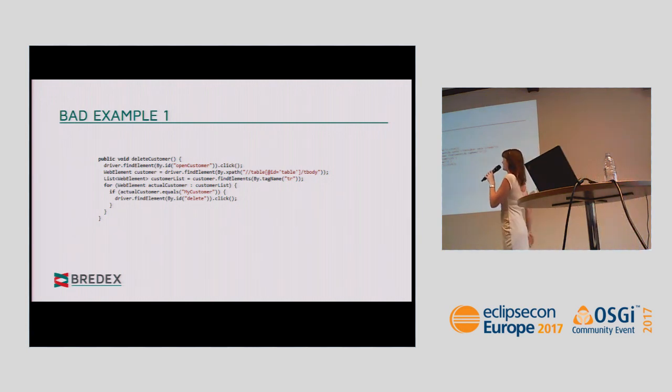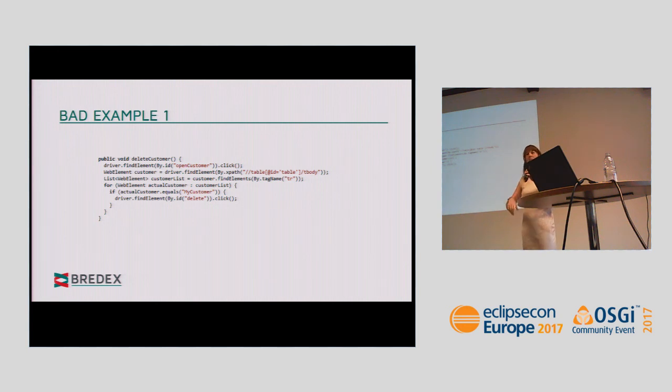So, bad example 1. We have something that says delete customer. The first question I have is, what is that? Is that a test case? Is that a workflow? No idea. If I look inside it, it's a Selenium example full of direct technical information. If I need to find that element again later, I'm probably going to copy and paste it if I don't do something sensible with it. And then when that element changes, I'm going to have to go through all of the places in my test.